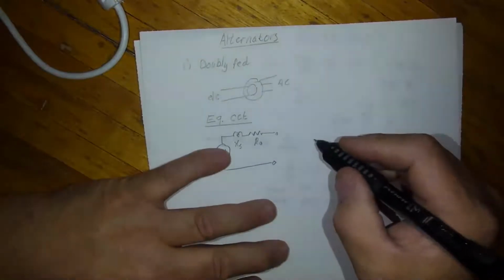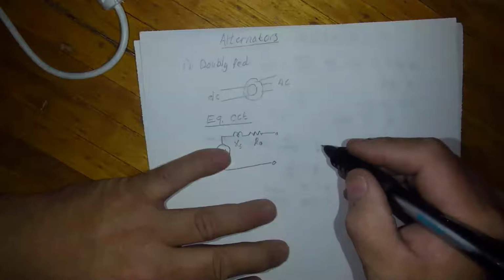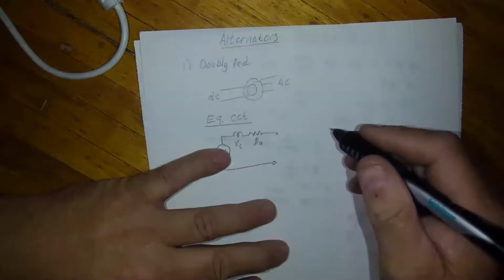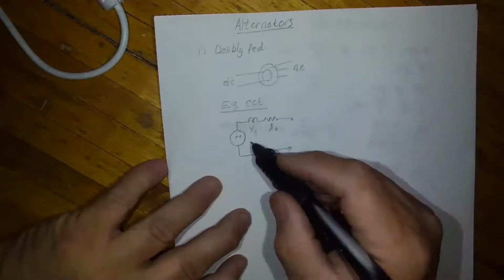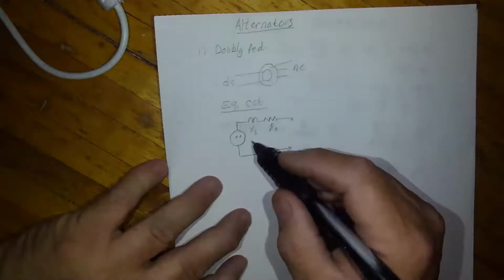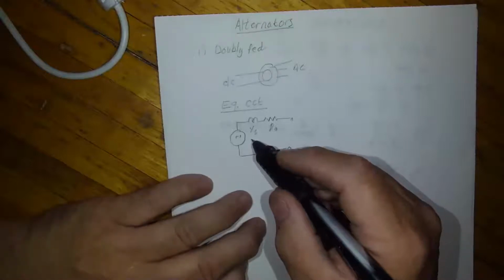Now, XS is the sum of your two synchronous reactances that you've got.